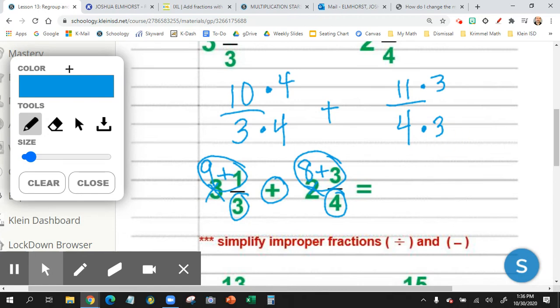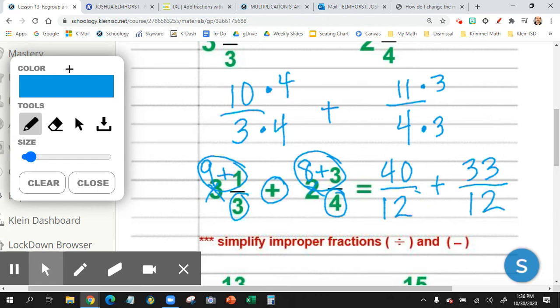So 10 times 4 is 40, and then 3 times 4 is 12, 11 times 3 is 33, and 4 times 3 is 12. So now we have common denominators. We have the same size pieces. Now we can add these two fractions. So we had thirds, we had fourths, they're different sizes.